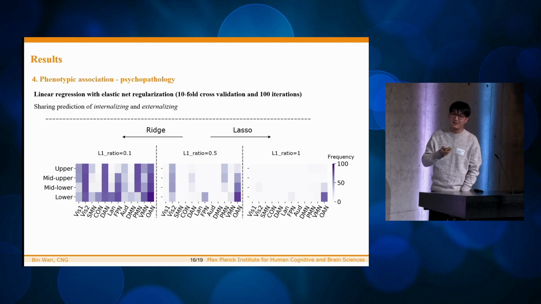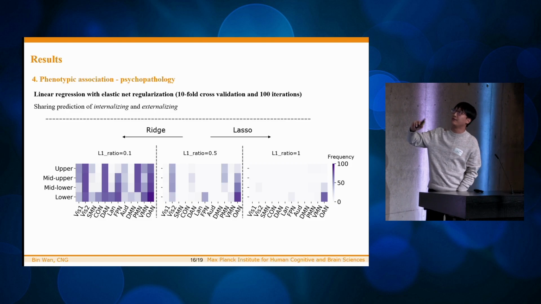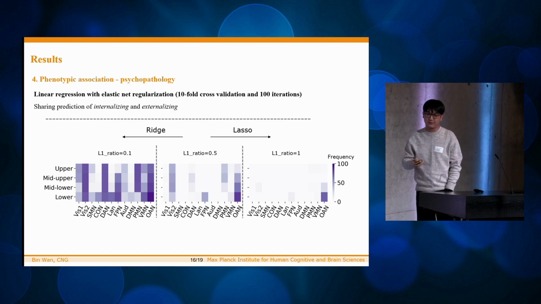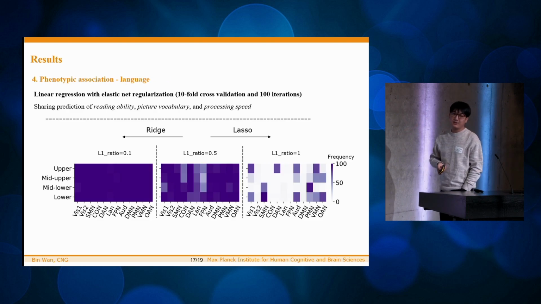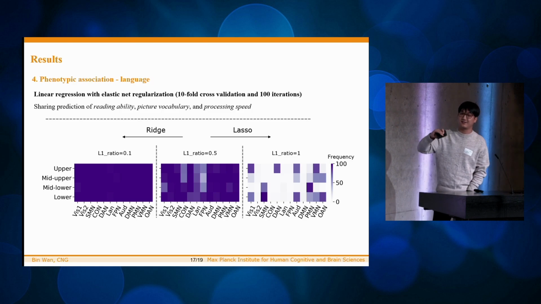And we find for the psychopathological prediction, the deep layers can be used to predict the psychopathology at the high lasso ratio. And then for the language, we find all features can be entered into the model to predict the language. And with increasing of the L1 ratio, there is no trend for the superficial or deep layers.